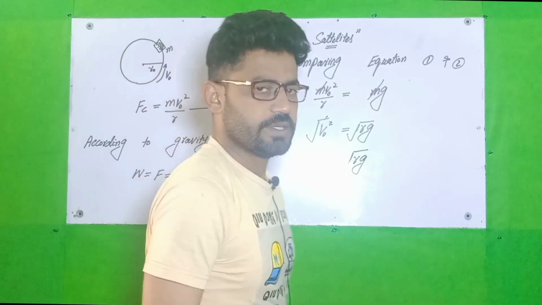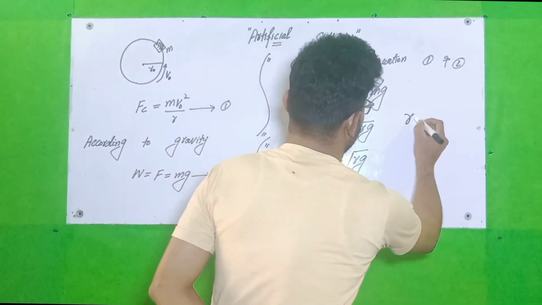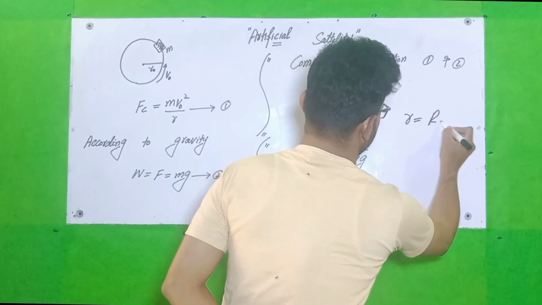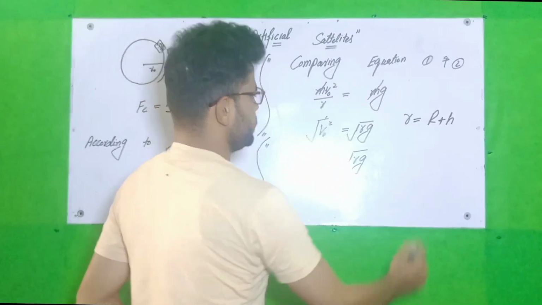But r is known as a radius which has the value r is equal to R plus h, where R is the radius of the earth.